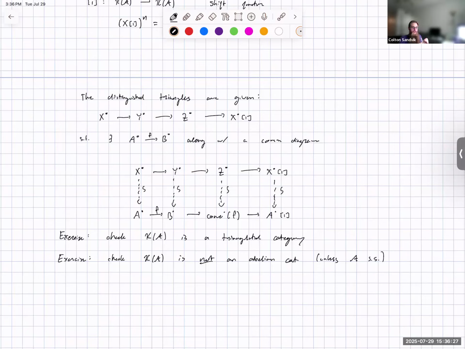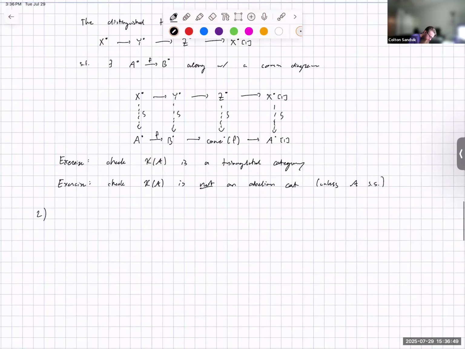Any questions on this example? Okay. If not, let's try to build up to the derived category. And here's the idea. We still have not solved our problem.